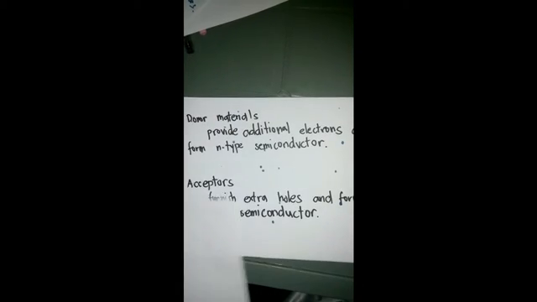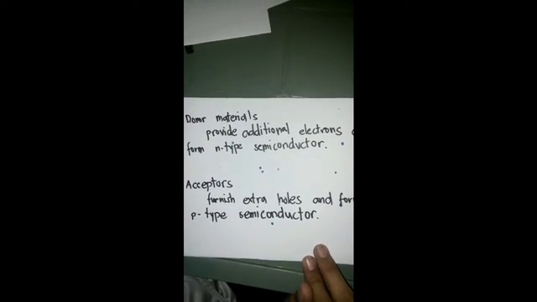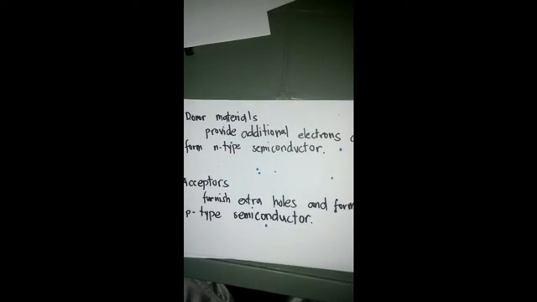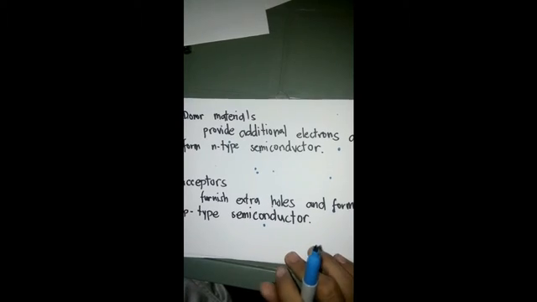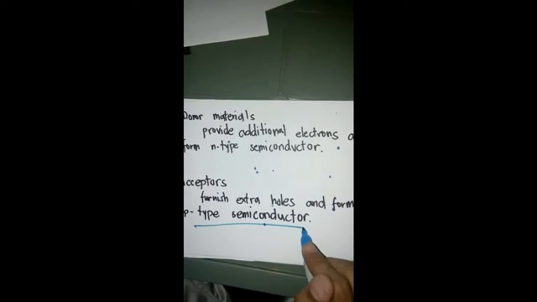The number of charge carriers and the conductivity may both be increased dramatically by adding very small amounts of impurities. Donor materials provide additional electrons and form N-type semiconductors, while acceptors furnish extra holes and form P-type semiconductors.